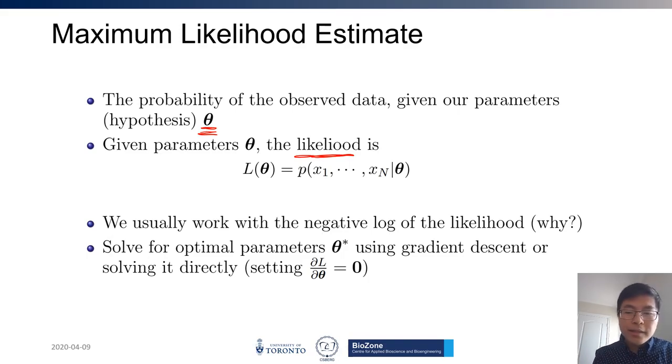So in the Gaussian distribution example, many slides ago, suppose our hypothesis, our theta, those parameters, drew out a Gaussian distribution that's very flat like this. And then we observe data that's concentrated around here.